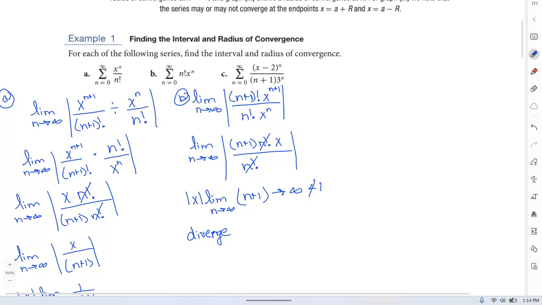for all x values. We're trying to figure out the limit on x where this series is going to converge in all three of these. So it diverges for any x value I plug in, except when x is at its center, which is 0.